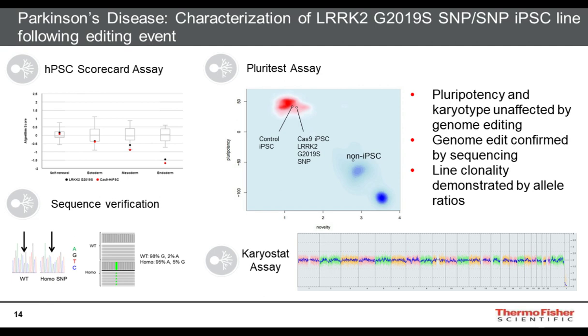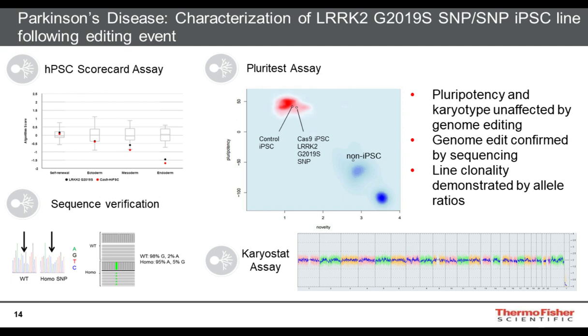We then evidently also looked at the sequence, both at the level of Sanger sequencing to make sure that the edit in our final pool was still there. And at the same time, we also looked at the sequence using next-generation sequencing so that we could look at 10,000 products of the different alleles represented in the cell line to make sure that the line was clonal.